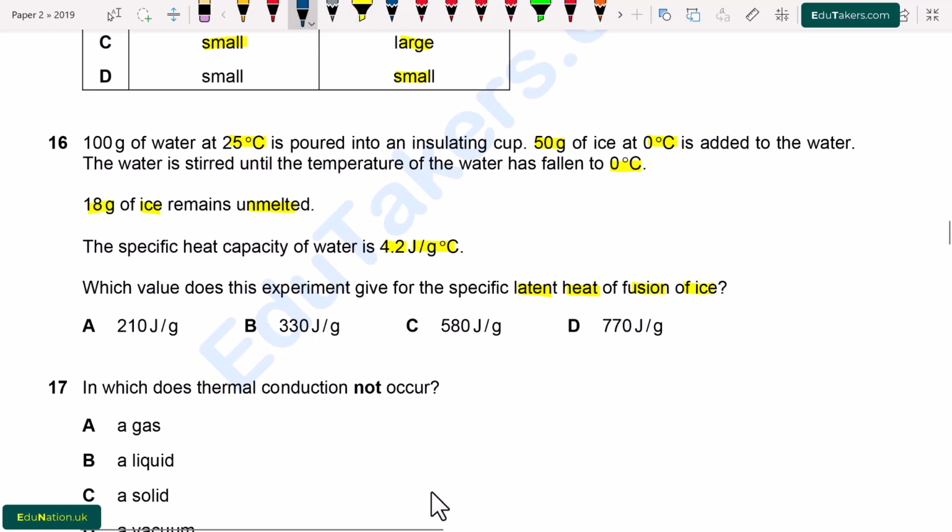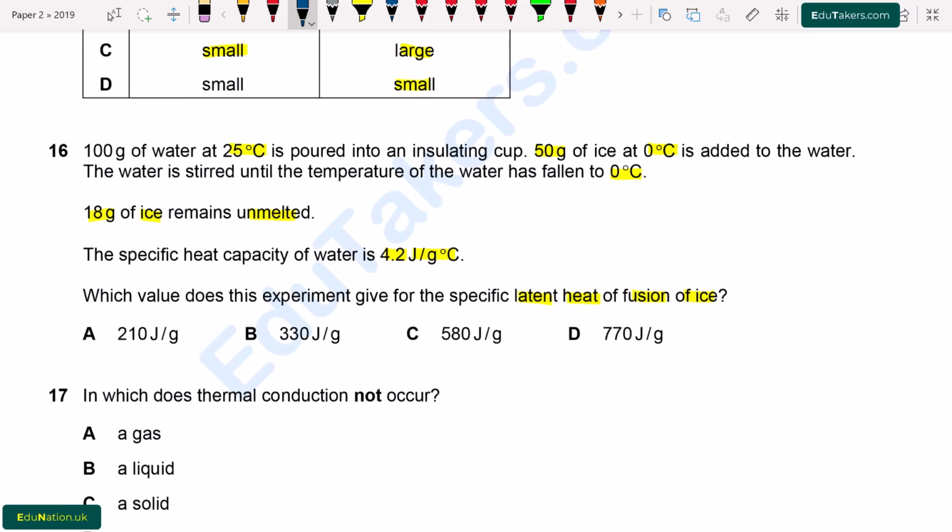Basically here we have to find the value of the specific latent heat of fusion of ice. I use here the concept that the heat lost by the water will be equal to the heat that is required for the latent heat of fusion of ice.